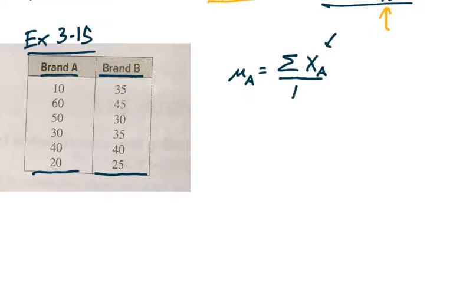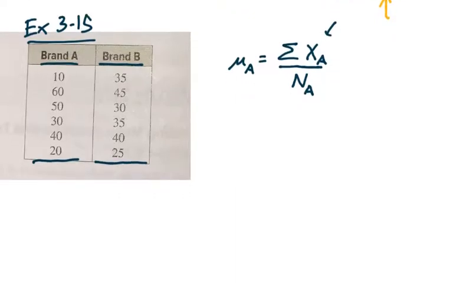And then we're going to divide by the total number in population A. So all of the subscripts just indicate an identity, right? So here, which population mean are we talking about? Are we talking about population A or population B? Well, the subscript is what clarifies that for us.